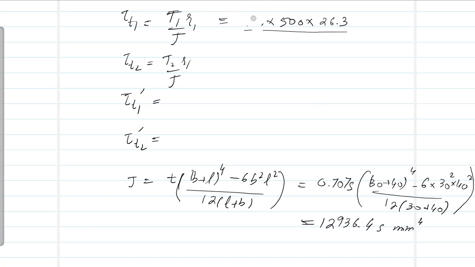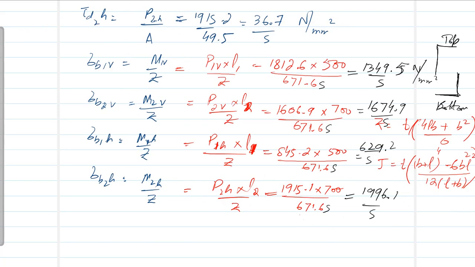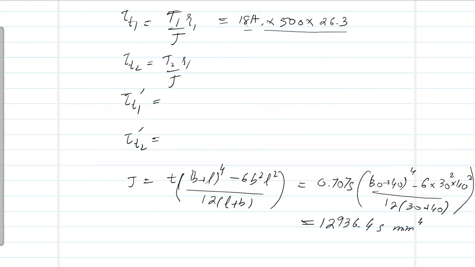P1V is 1812.6, divided by 12936.4 S. So 1812.6 into 500 into 26.3 divided by 12936.4. The value is 1842.5 divided by S Newton per millimeter square.